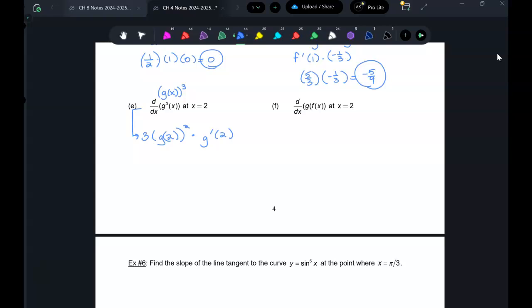So derivative of the outside. And then we have 3. What's g of 2? Negative 1/2. So it's going to be negative 1/2 squared times, what's g prime of 2? Negative 4.